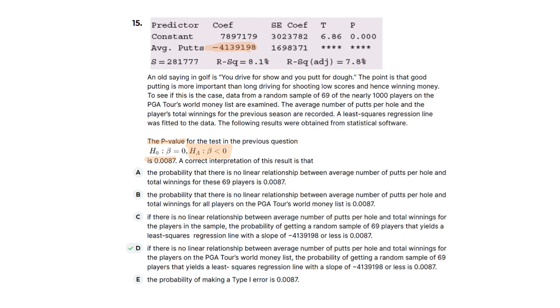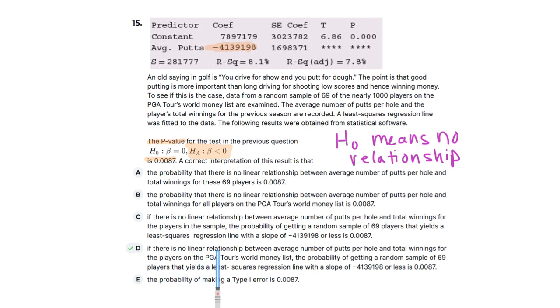So what we're doing here is we're saying if the null hypothesis is true, this means there's no relationship. So since our null is actually 0, there's no relationship, then the probability of getting this answer here, this slope in a sample, is very small. So this can't be right.